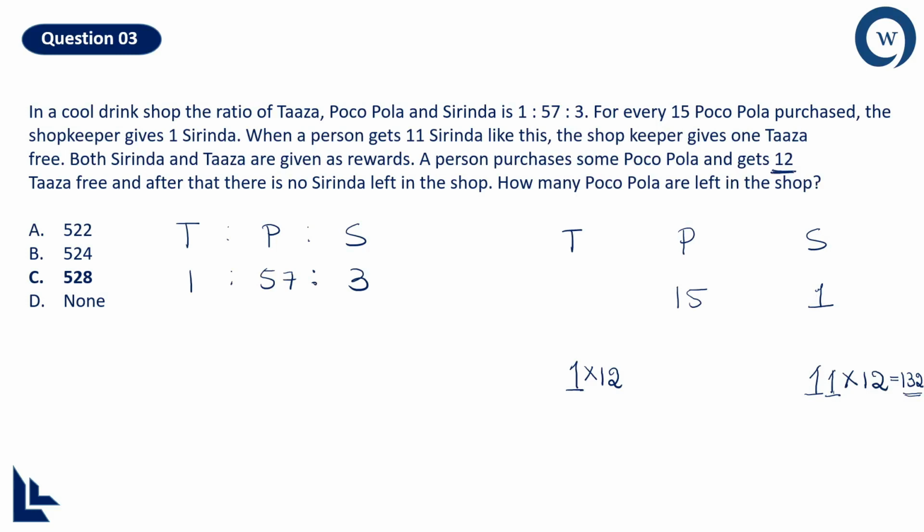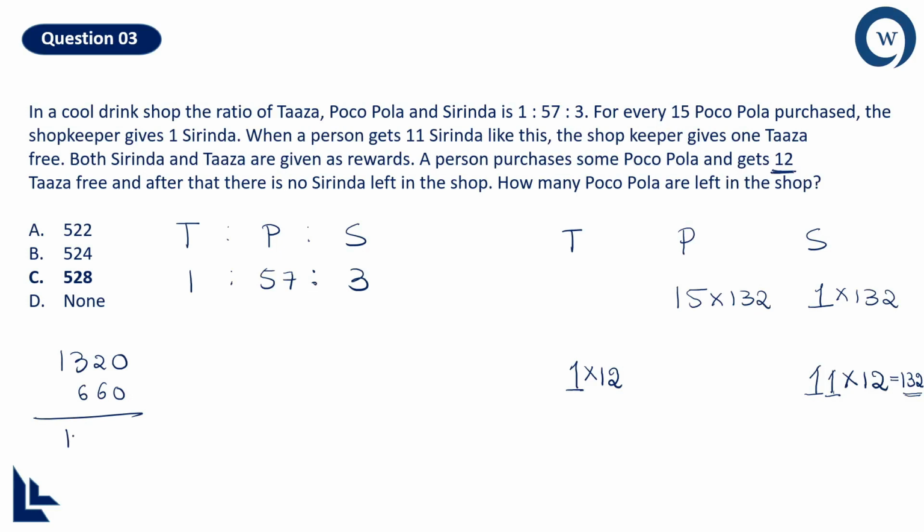Now, in order to get 1 Sirinda, a person has to buy how many Coca-Colas? 15. Now, if he has got 132 Sirinda, then how many Coca-Colas were purchased? Multiply by the same number, 132 into 15. 132 into 10 will give me 1320, and 132 into 5 will be half of this, which is 660.